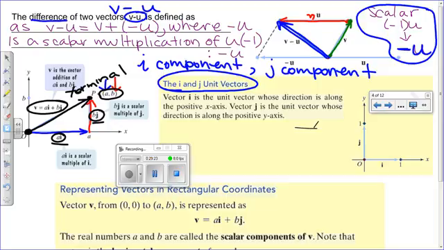And of course, here what it says is that vector i and vector j are the unit vectors. That means that they measure one unit. We don't know if it's inches, kilometers, whatever. And so vector i is 1 unit on the x-axis, and vector j is 1 unit on the y-axis.